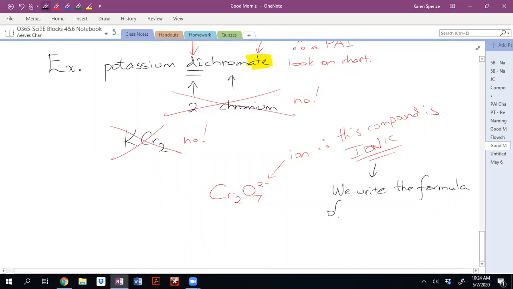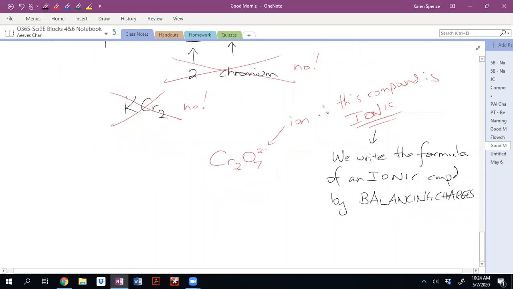We write the formula of an ionic compound by balancing the charges. You'll hear me say that over and over again. Grade 11, I'm writing all over people's quizzes. Balance your charges, balance your charges, balance your charges.